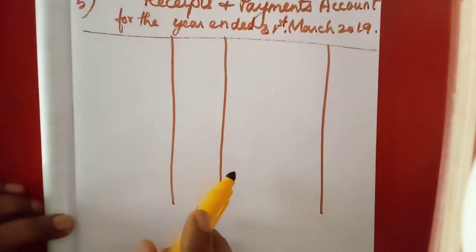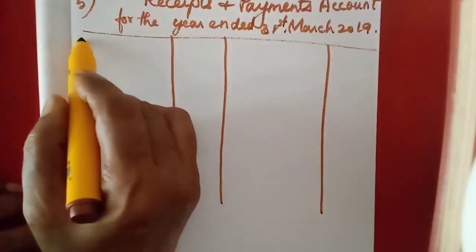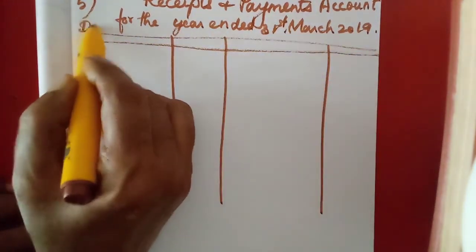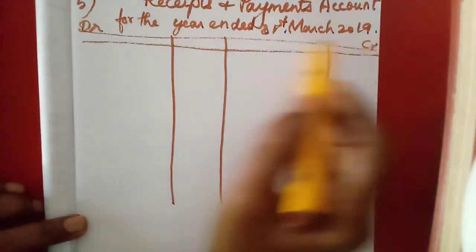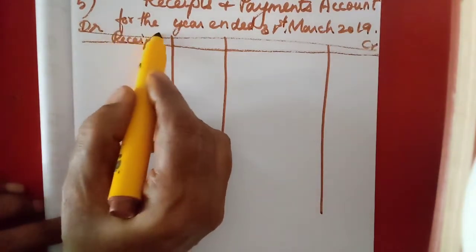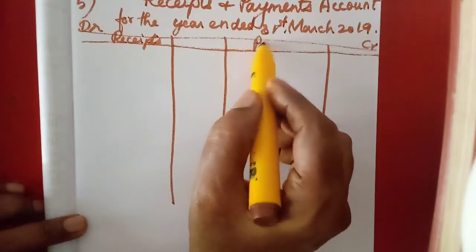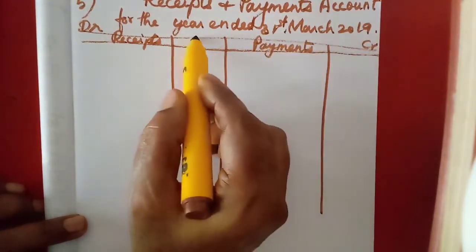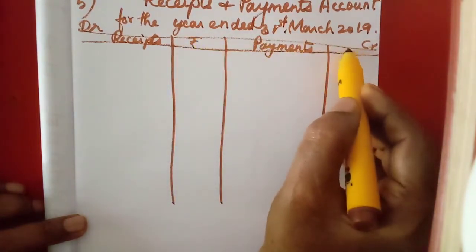Then the first item, here we can write receipts, payments, debtor, creditor. You have to use 2 pages. This is receipts. This is payments. Here the rupee symbol, here also the rupee symbol.